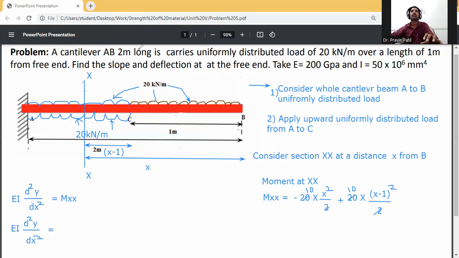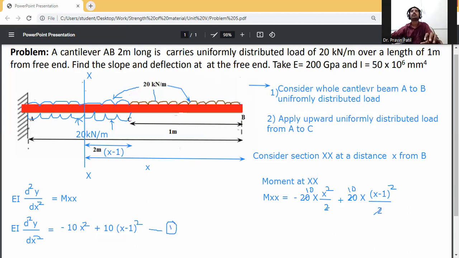Just simplify this: 2 into 10 is 20. It will be minus 10 x square plus 10 into (x minus 1) square. This is equation number 1.